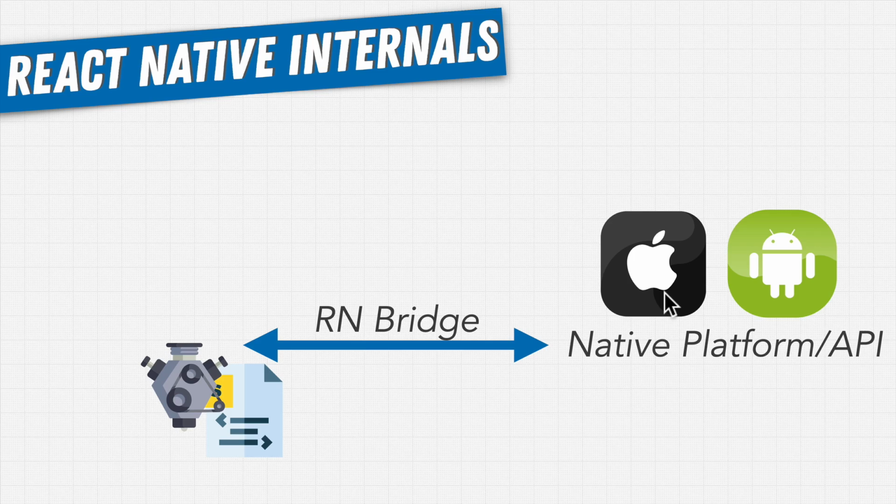In this case, the JavaScript thread uses JSON, a format, to message this React Native bridge. And then this bridge translates whatever that action is into, again, another format that translates to the native thread of the phone.